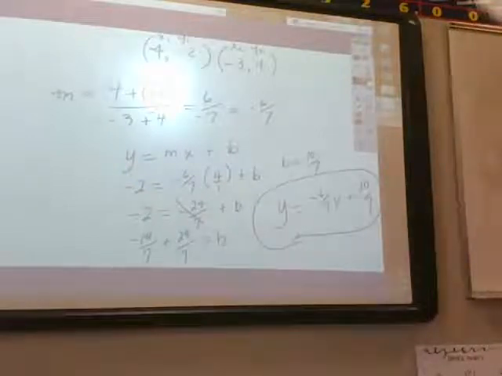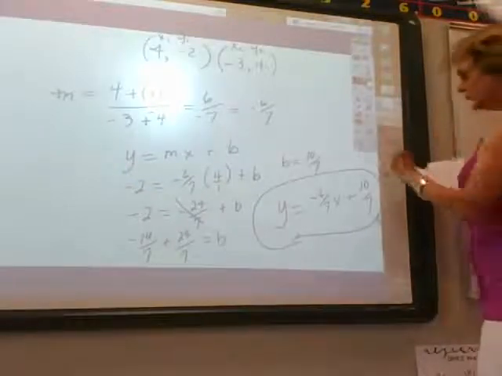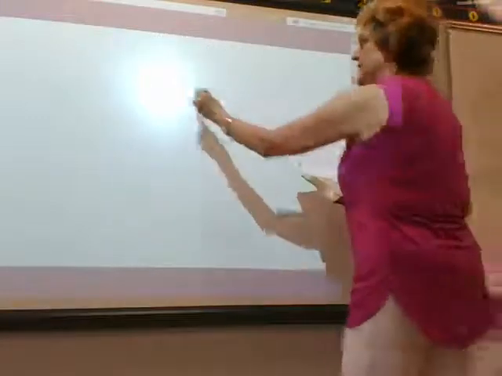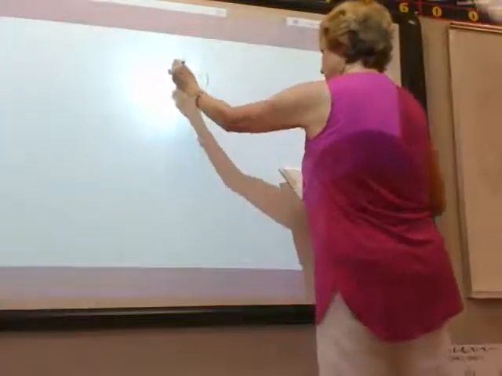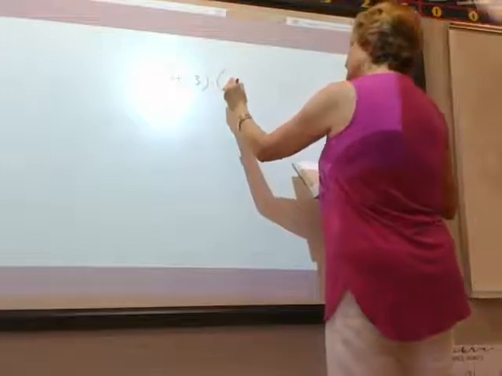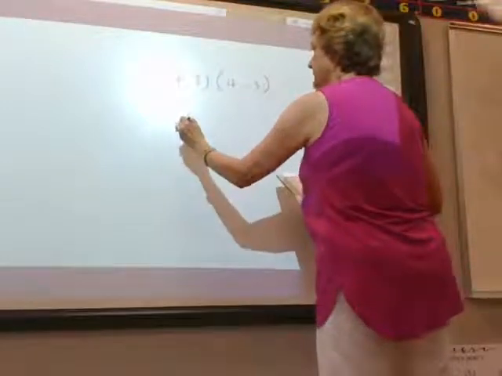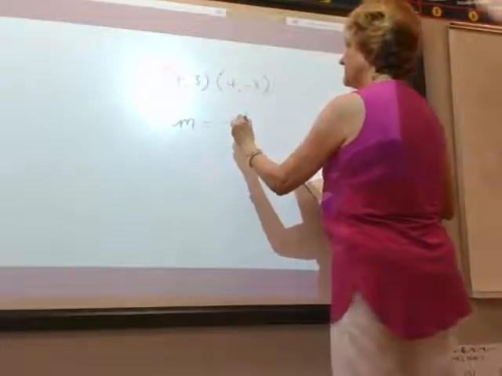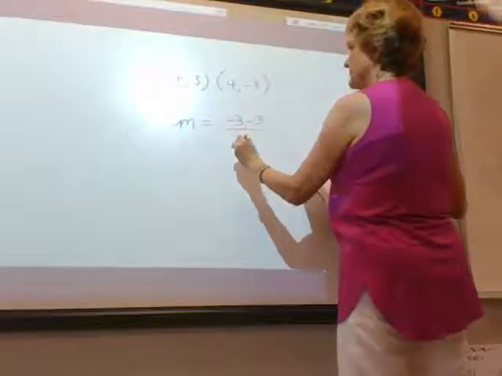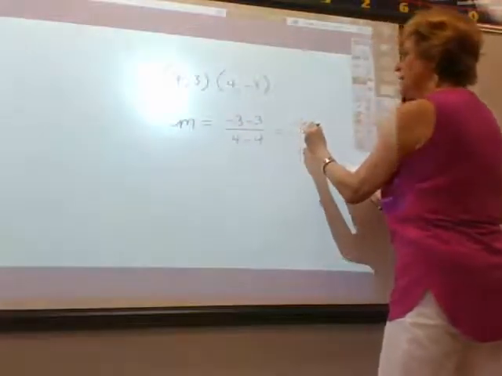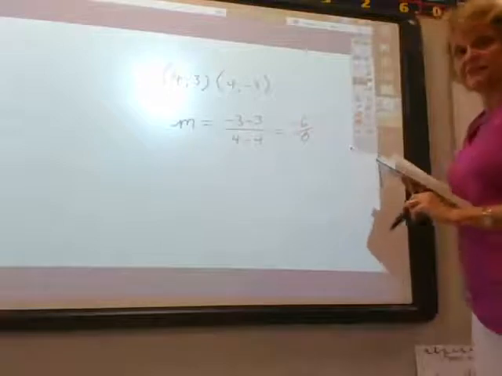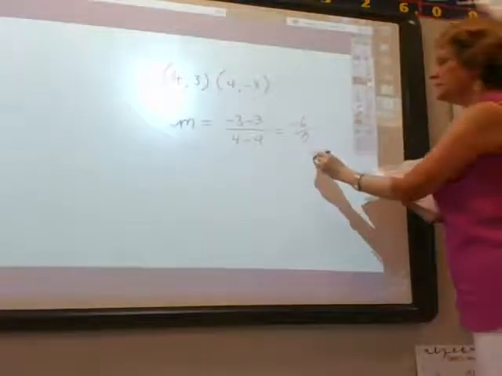Now example 3, when we find the slope of example 3, let's try that. We get something that's undefined, right? You can't have 0 in the denominator.